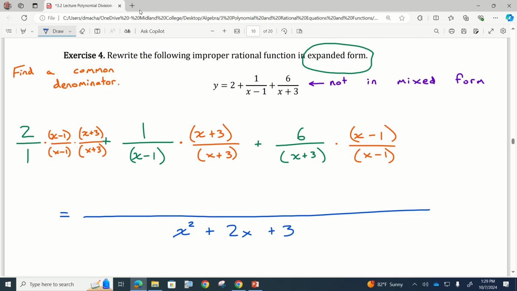Now, in the numerator, I have to do 2 times x minus 1 times x plus 3. But that's just 2 times what I just wrote in the denominator, right? I've already multiplied those two things before. I don't have to do it again. And so I'll do 2 times x squared plus 4x plus 6.